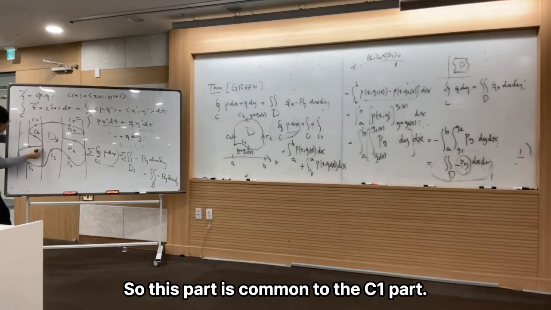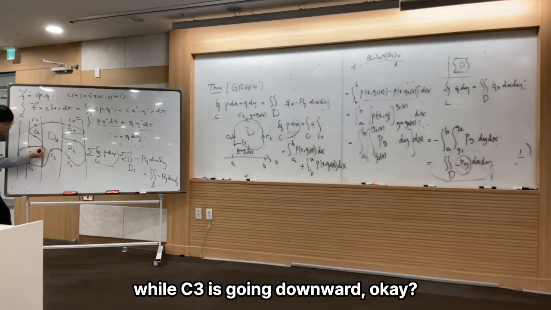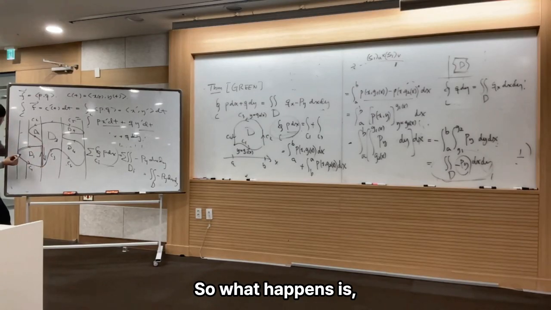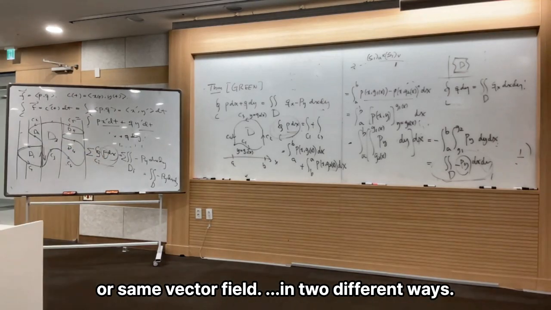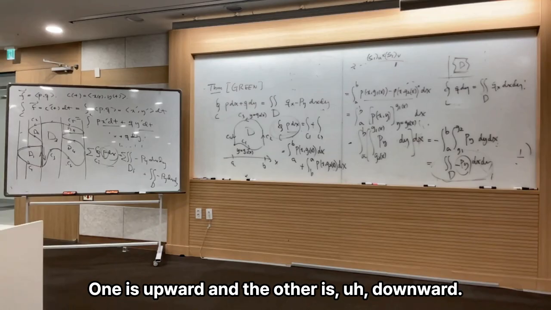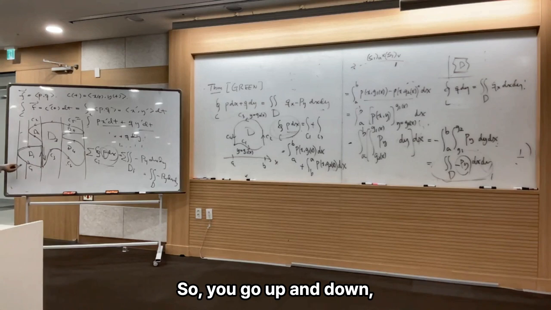So this part is common to C1. C1 is going upward, while C3 is going downward. So what happens is you're integrating the same vector field in two different ways, one upward and the other downward. What happens when you go up and down, getting back to the original place?